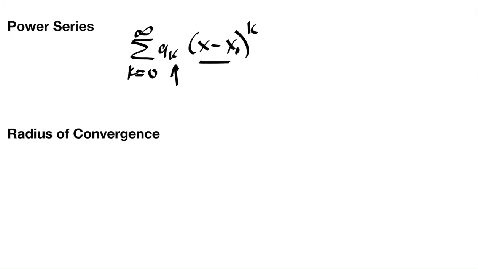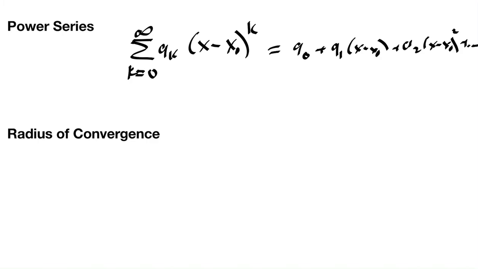So what you'll notice is we have some sort of coefficients right here, and then we have x minus the center point raised to a power. And so it's a power series because it's written as a bunch of powers, right? So it's a0 plus a1 times (x minus x naught) plus a2 times (x minus x naught) squared plus dot dot dot. Okay, and so this is our power series. It's written something like that.